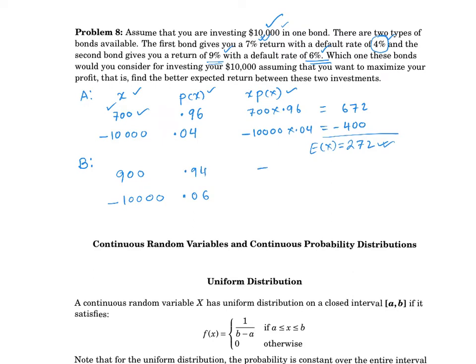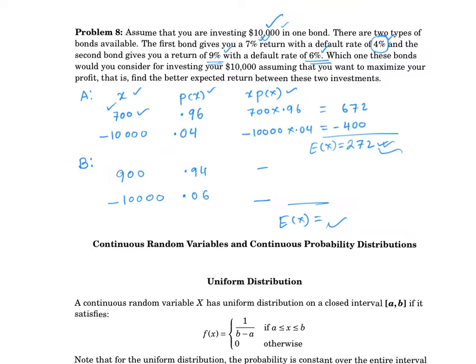And you do the multiplications here and add the results, and you should get your expected return from bond B. That should be another number. Between this number and this number, whichever is higher is the one that you want to consider. That means you invest in the corresponding bond. So that kind of ends the expected value calculation problems.